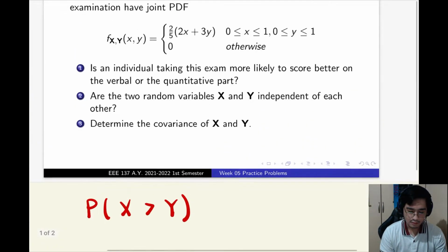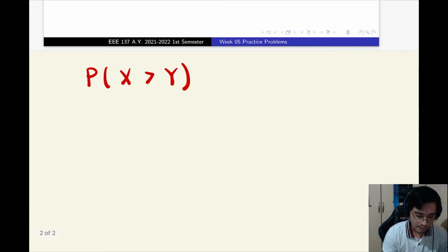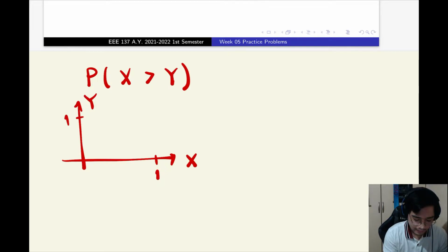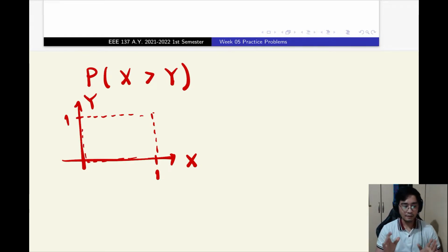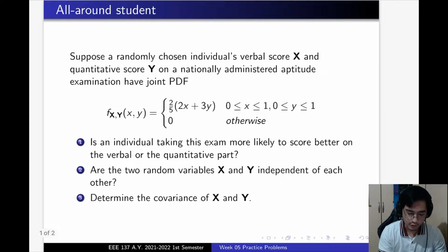So we are defined by these boundaries. If we want to view the cross-sectional view of this joint PDF, for example, this is X, this is Y. We are bounded by this square, and in this square we have certain probability values defined by this piecewise function.